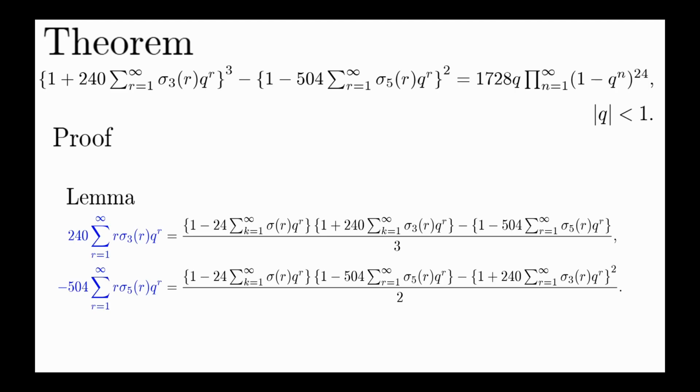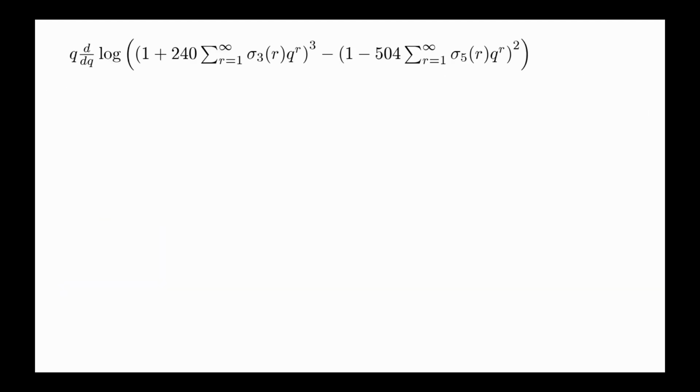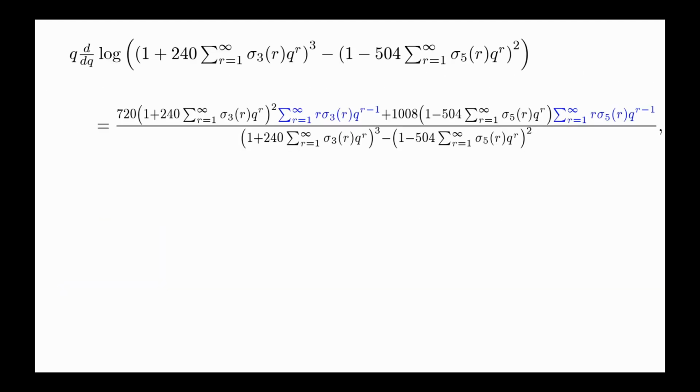So that's the previous lemma. And when you substitute the lemma in this term, you get basically the second Eisenstein series up to the factor of pi squared over 3.